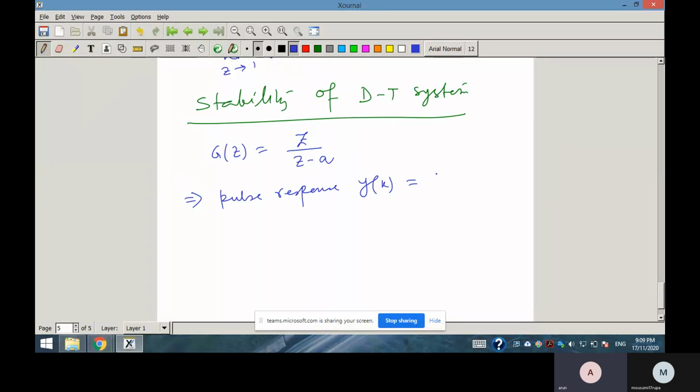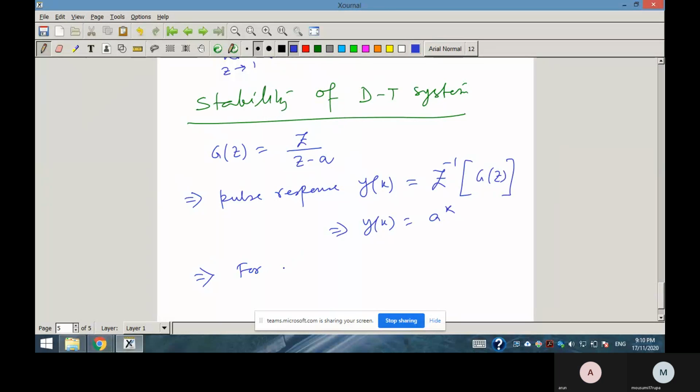It will be the inverse z transformation. This is the z transformation of a standard signal, a to the power k. So the inverse z transformation gives yk equal to a to the power k.